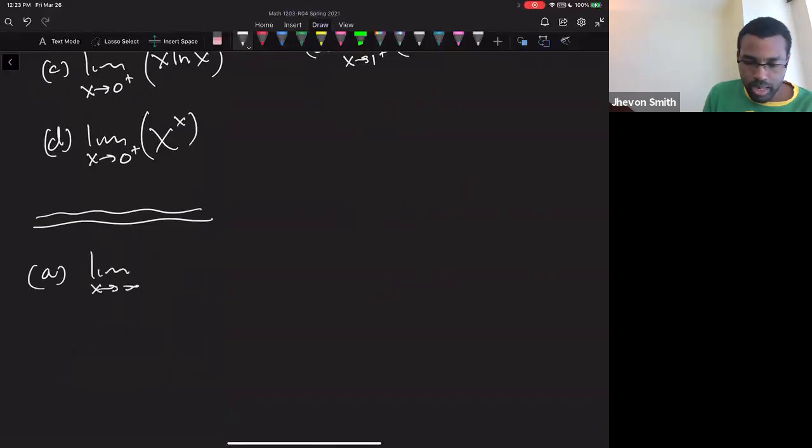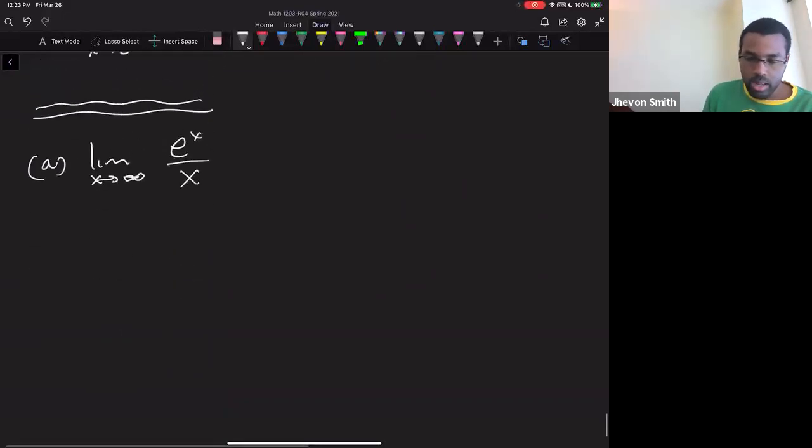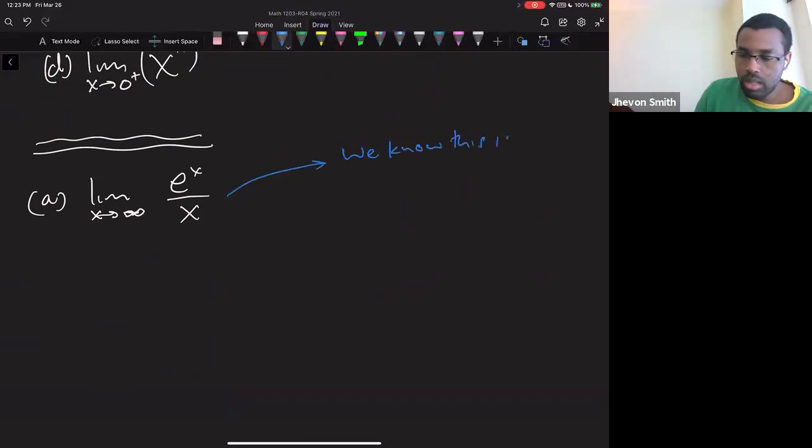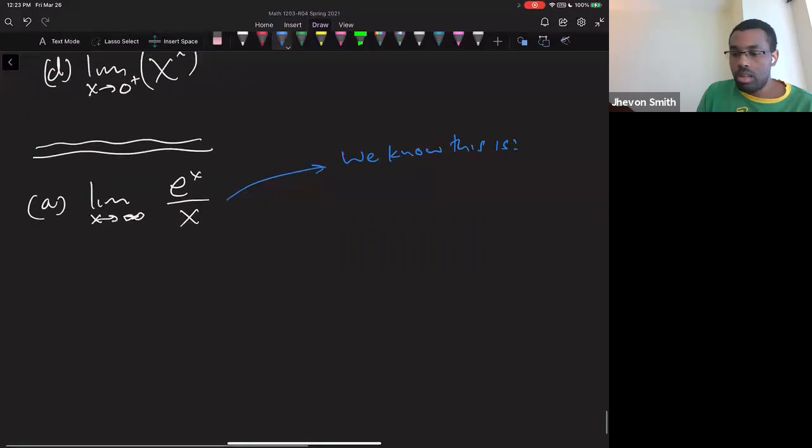Limit as x approaches infinity of e to the x over x. Quickly, what is the answer? Come again? The limit.